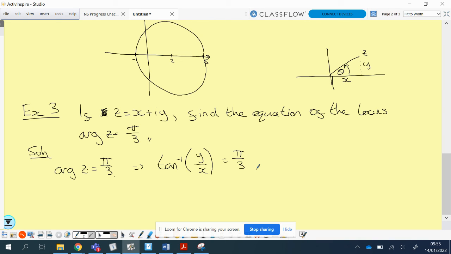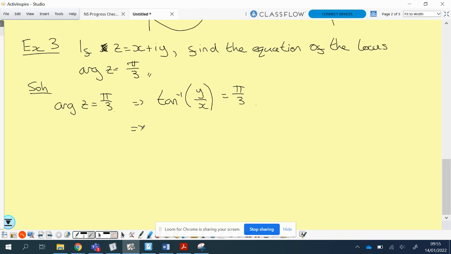So if we now take tan of both sides, I get y over x equals tan of pi over 3. And if you use your exact value triangles, tan of pi over 3 is root 3 over 1, which is just root 3.